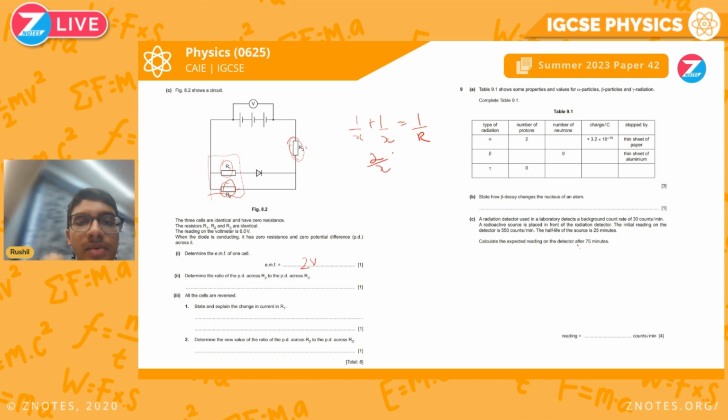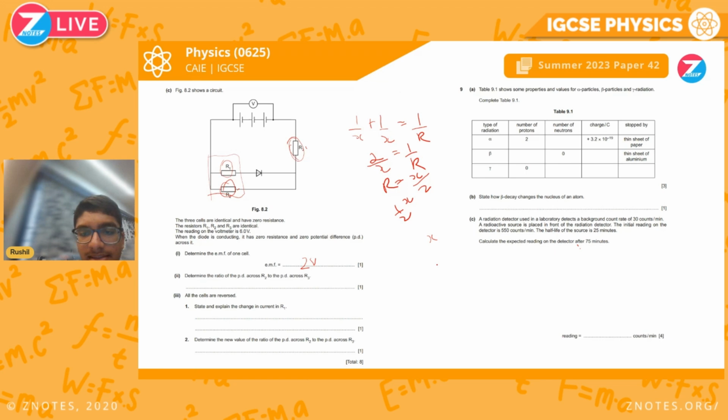So 2 by X is equal to 1 by R. So R is equal to X by 2. So that means basically the effective resistance is half of the resistance of each of the resistors. So given that R3 is identical to R1 and R2, the resistance of R3 is also X.